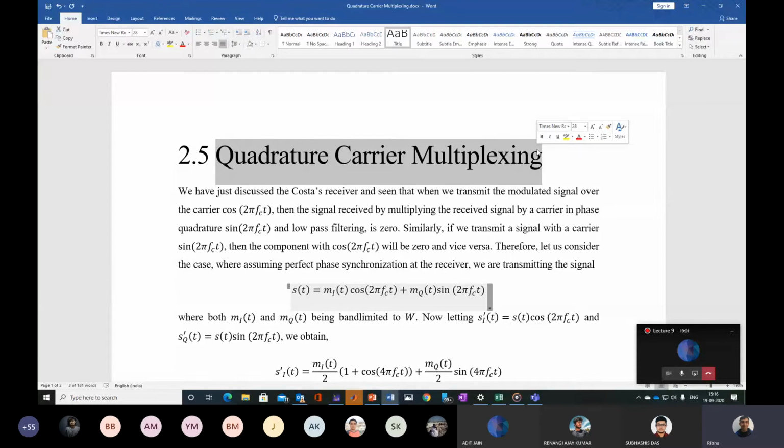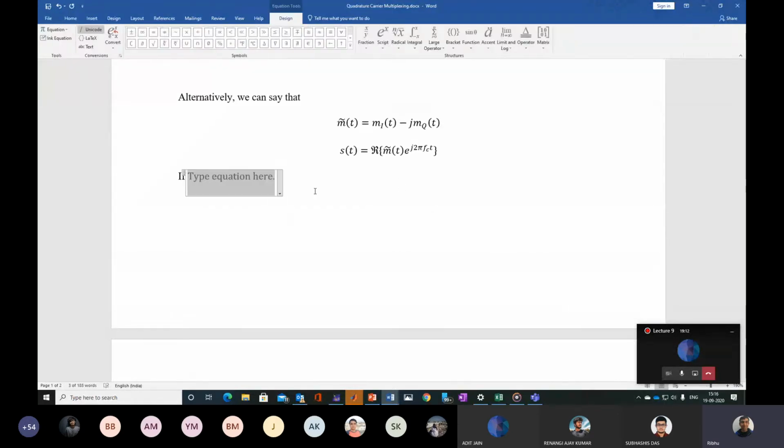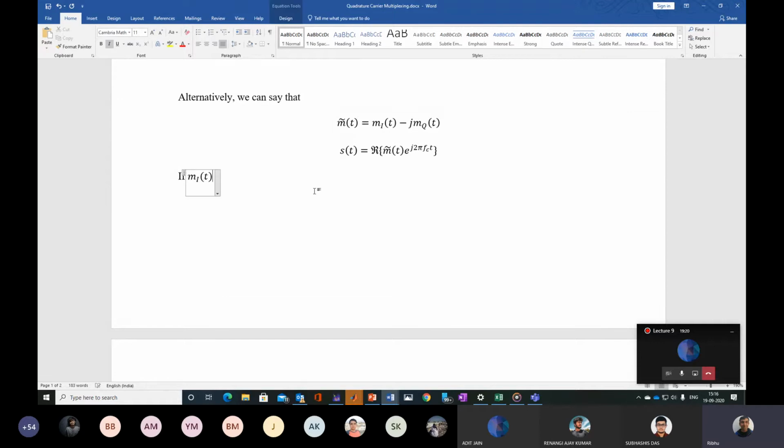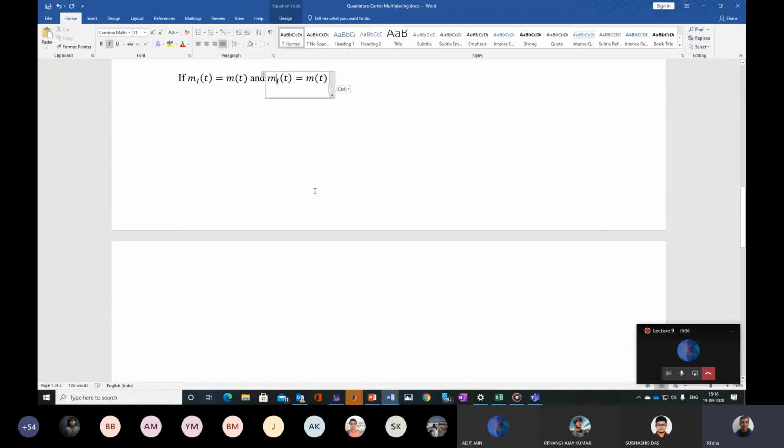And using this as well, you can see that if MQ(t) equals minus M hat(t), then we get single sideband.